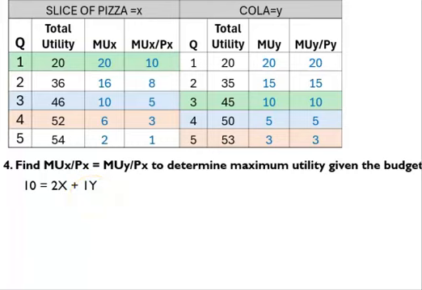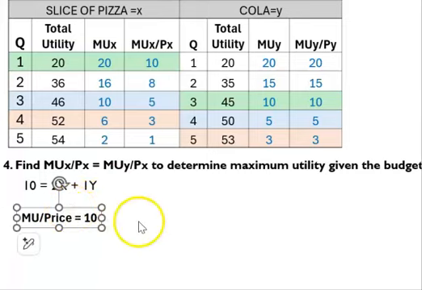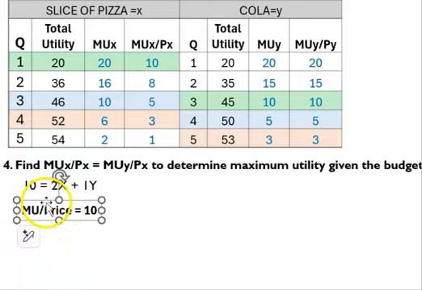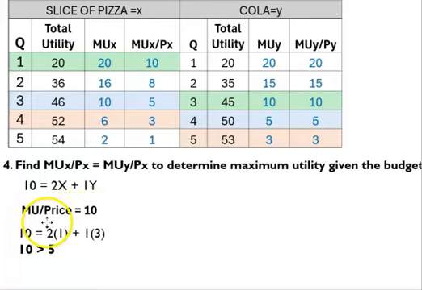So let us first check at MU divided by price equals 10. At MU divided by price equals 10, we have 1 slice of pizza and 3 collars. So we plug that into our budget line, and it becomes 2 times 1 slice of pizza plus 1 times 3 collars, and that gives us 5.